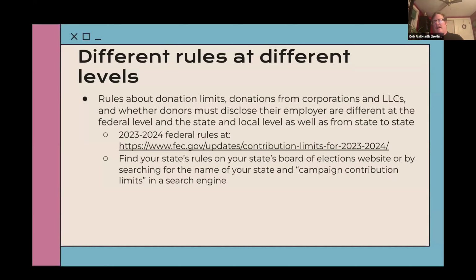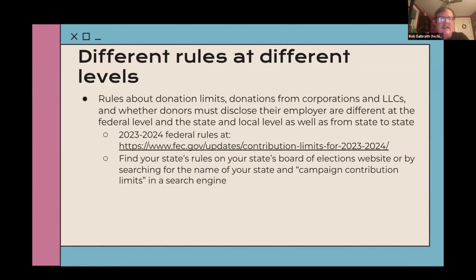So the best way to keep apprised of that is to look up the rules in the jurisdiction that you're researching, or the jurisdictions if you're looking at one donor giving across a variety of places. We have a link in the slides here, which obviously you can't click right now, but after this presentation you'll get the slide deck.